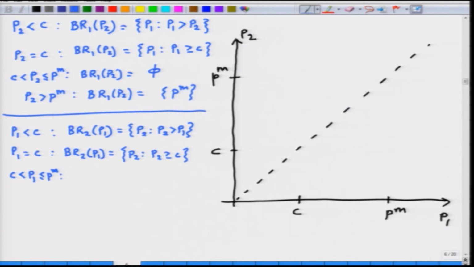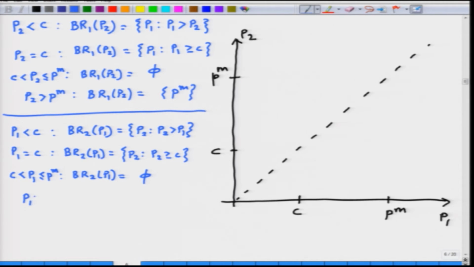The moment I undercut firm 1 by a tiny amount, I can always find another epsilon which puts me closer to firm 1's price, which will further increase my profit. So, the best response for firm 2 to firm 1's choice of P1 essentially is null.